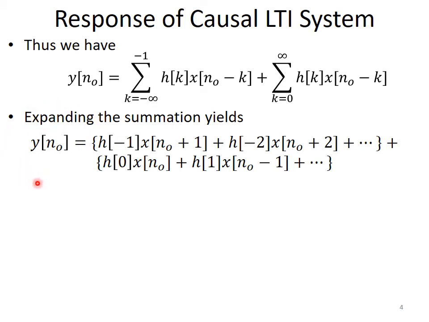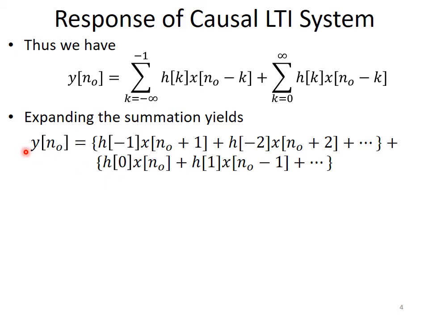So what would be the condition for this equation to be causal? Of course, this equation would be causal if either the input signal's future values are 0, or h of n is 0 when n is negative, or h of k is 0 when k is negative.